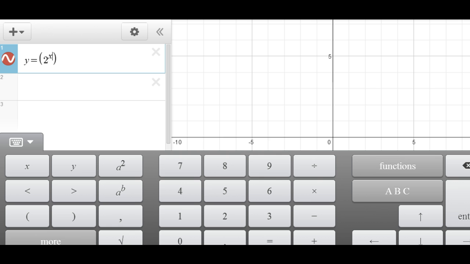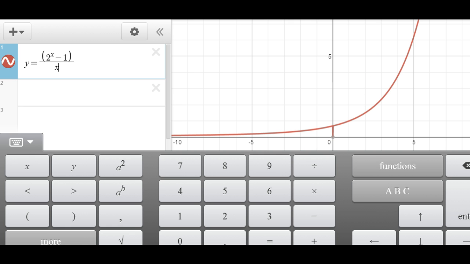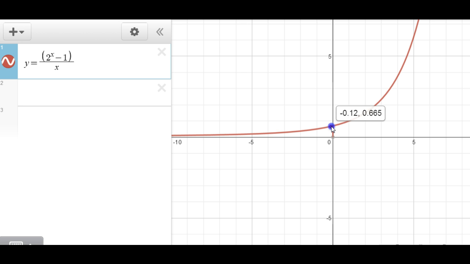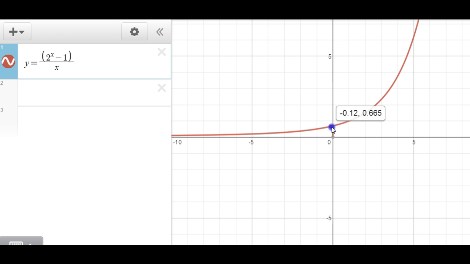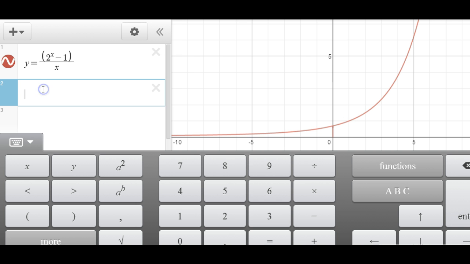So 2 to the x minus 1 divided by x. Right, and we can see that as we approach 0, the value is, what? So we're approaching about 2/3, right? 0.67, undefined.